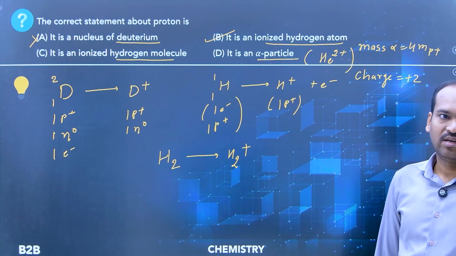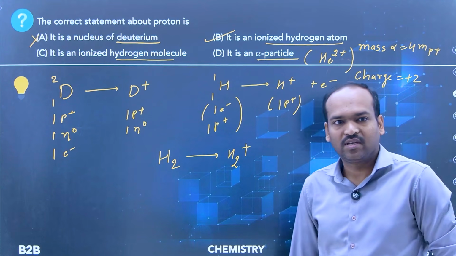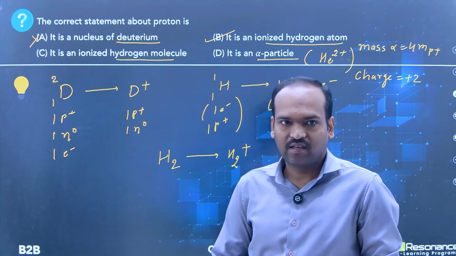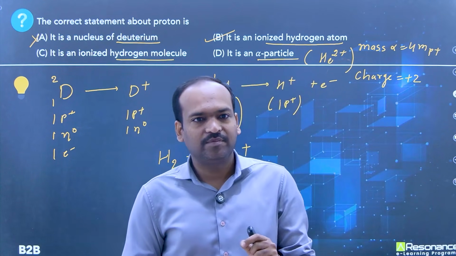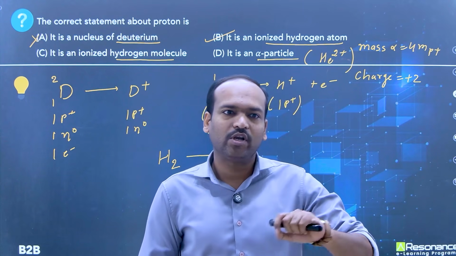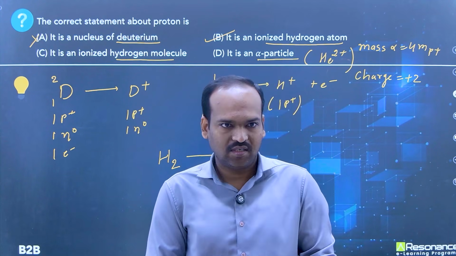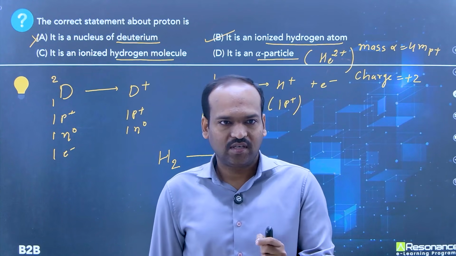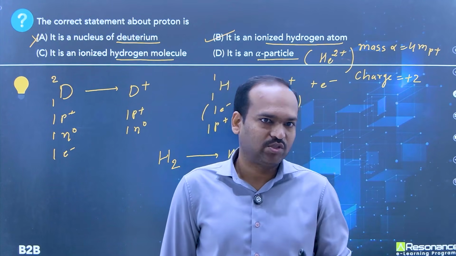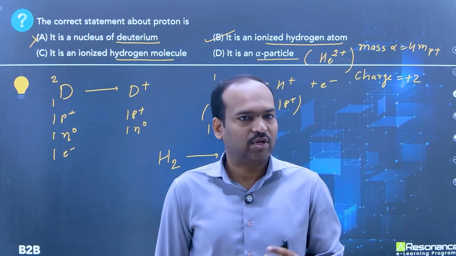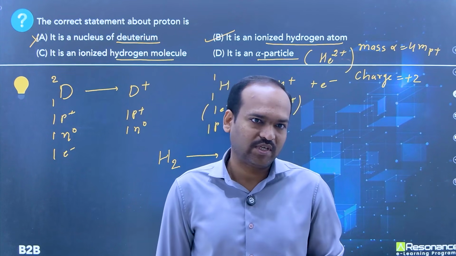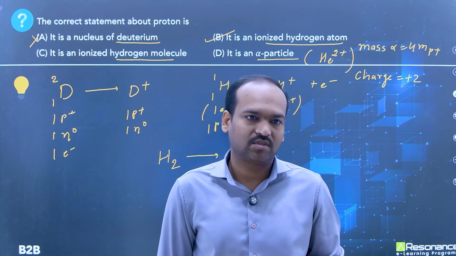Is it clear? What you are not getting? I am saying, if we remove the 2 electrons from helium, we get the helium nucleus. The helium nucleus has a positive charge, plus 2 charge, and because it has 2 protons and 2 neutrons, the mass is 4 times that of the proton.